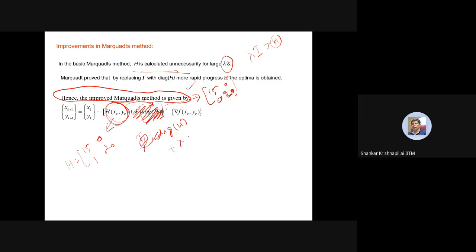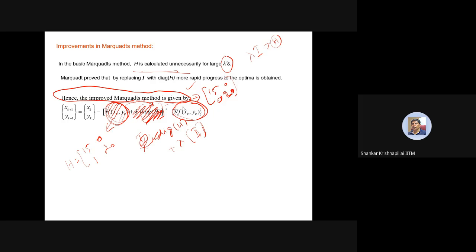Now we are going to add this lambda into I to suppress the H matrix and make it more similar to Cauchy's method. So that is the graphical explanation. As this matrix vanishes and as this I matrix becomes more important, then it represents Cauchy's method. So that is the main logic here.